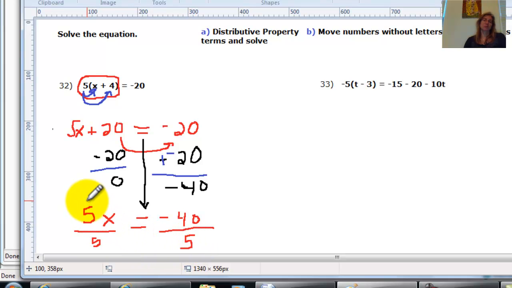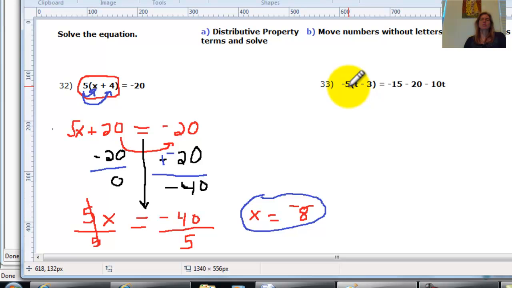And you will have, because 5 over 5 equals 1, and that will be 1 times x, so your answer will be x equals 5 into 40 is 8, and because you have a positive and a negative number, the answer is negative, so x will equal negative 8. We just got that as an answer on the last problem.